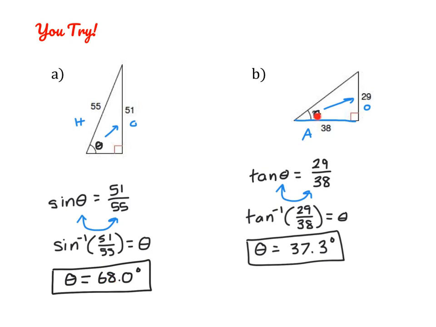For part B, we're working with the opposite and the adjacent side, so we're going to use tangent. Tangent of theta is 29/38. Since we're finding theta, we can say theta equals arc tangent of 29/38, and your calculator will give you the decimal approximation of 37.3 degrees.